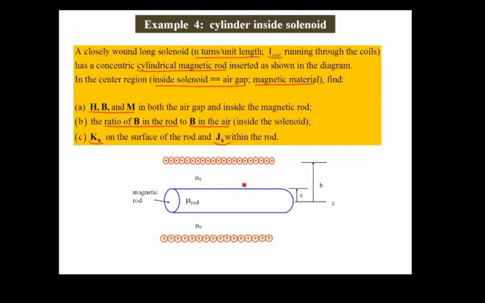The current direction is as shown, so this is coming towards us, and this is going into the plane of the picture here. So here we have the mu of the rod, which is greater than the mu of the space in between. Here's air in between.